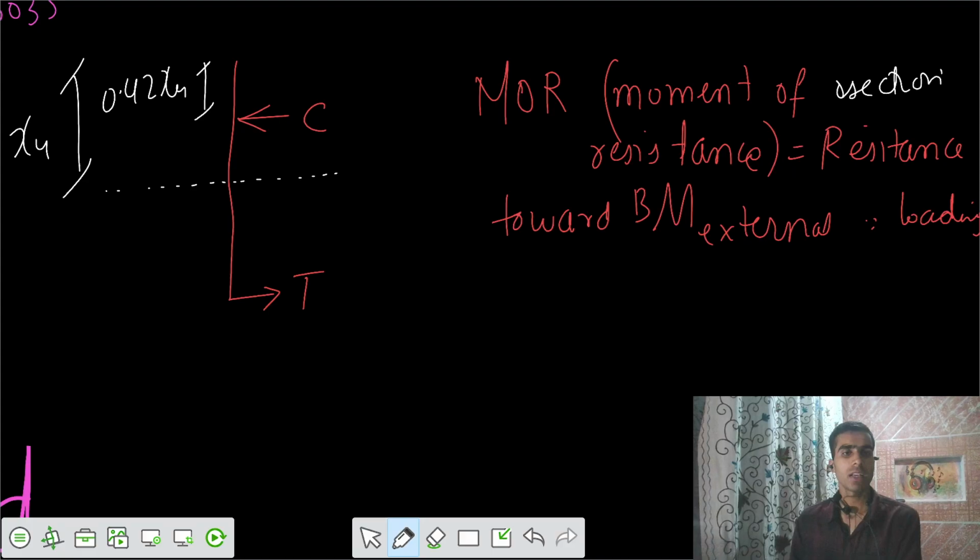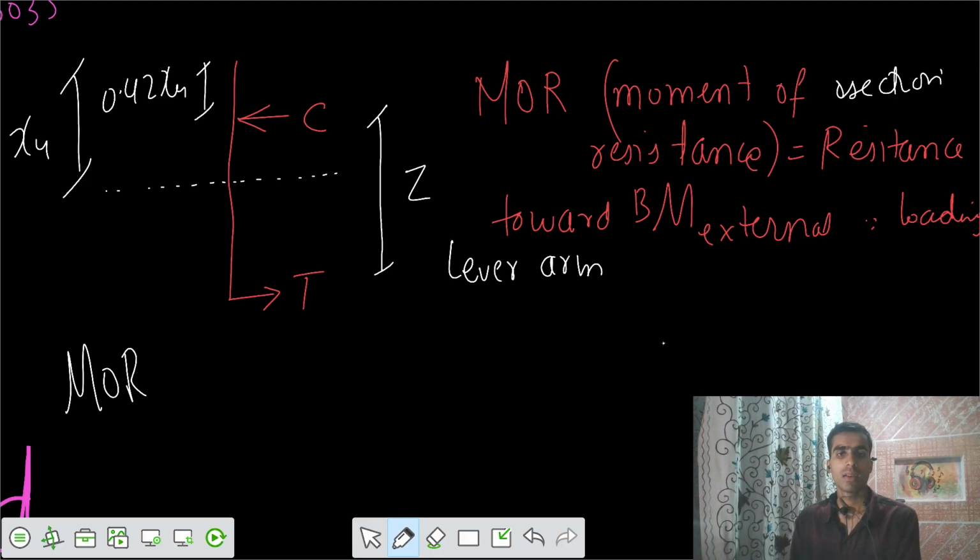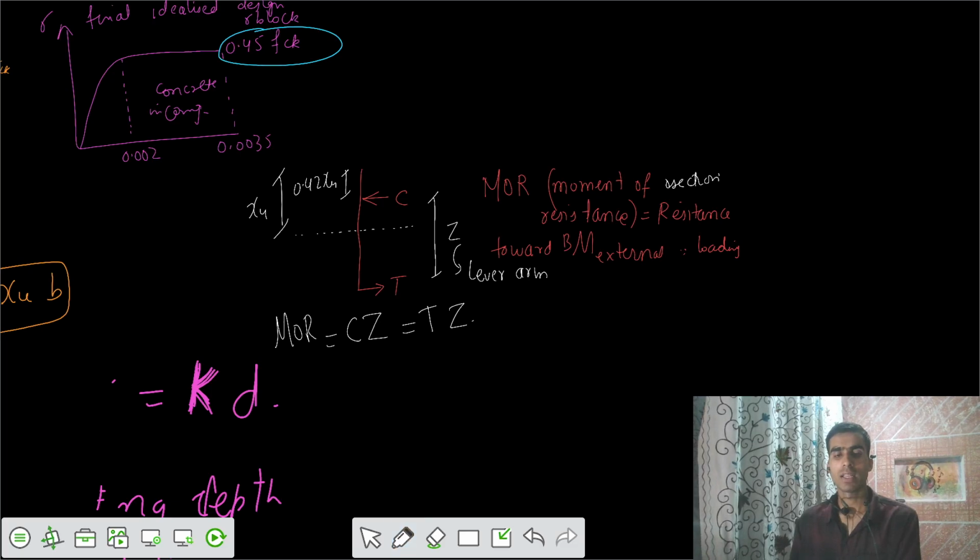Your moment of resistance would be equal to, let's say this value is some z, where z is your lever arm. Either you can calculate it as C into Z, or you can say that's T into Z.